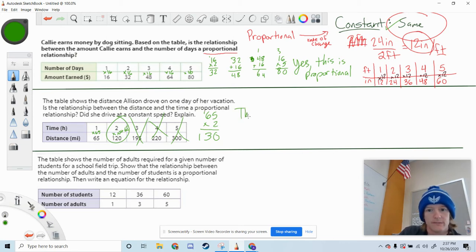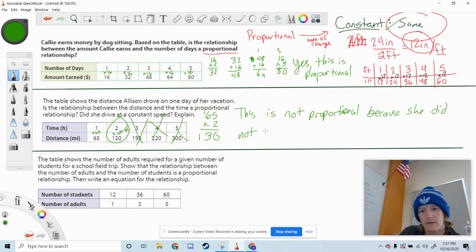So this is not proportional, because she did not drive at a constant speed.